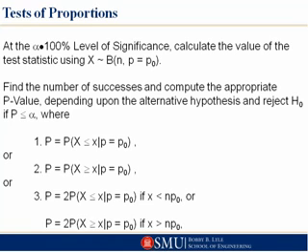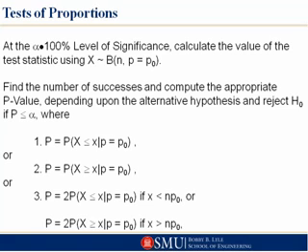Find the number of successes and compute the appropriate p-value, depending upon the alternative hypothesis, whether it's less than p naught, greater than p naught, or simply not equal to p naught. Reject the null hypothesis if the p-value, again determined from the sample results, is less than alpha, your indicated level of significance.